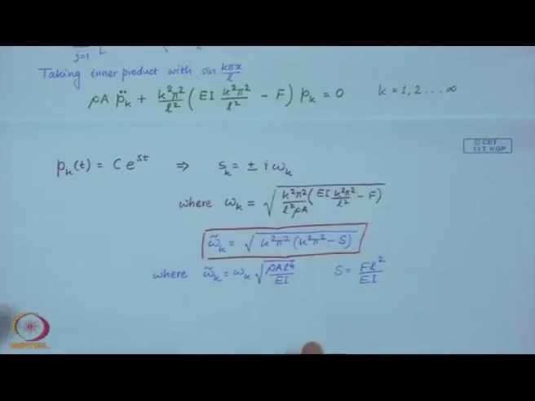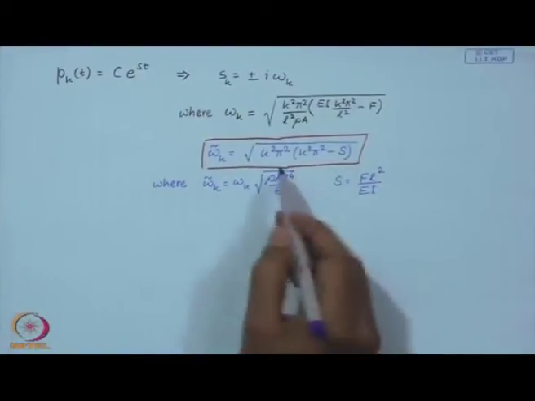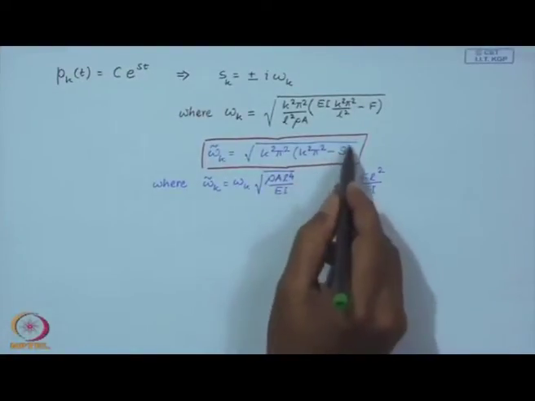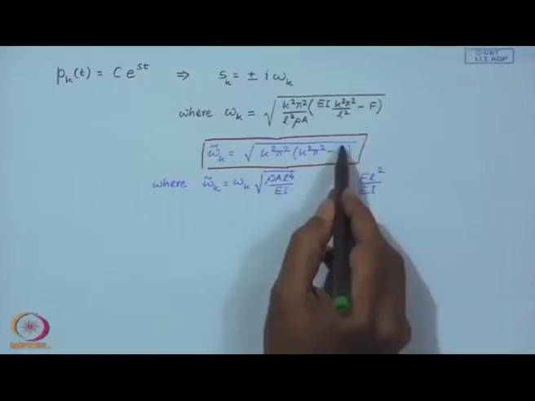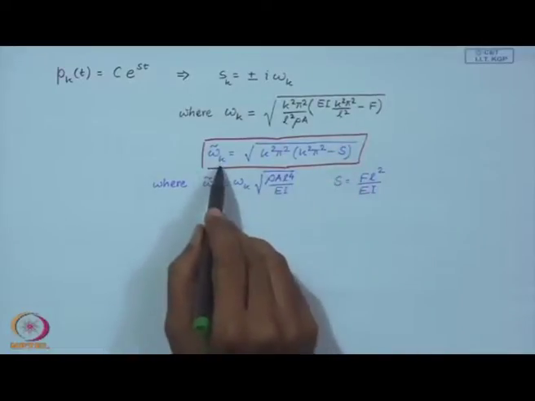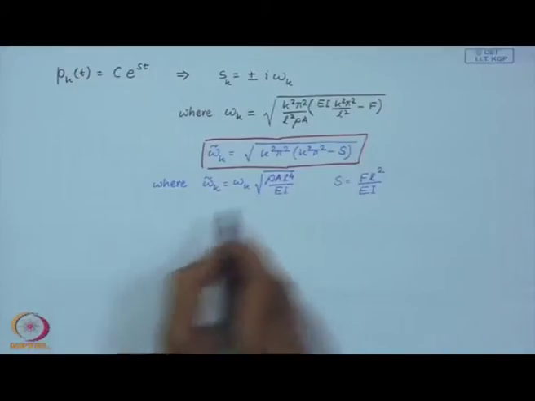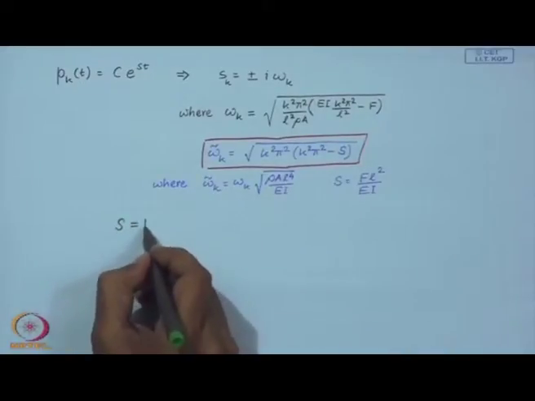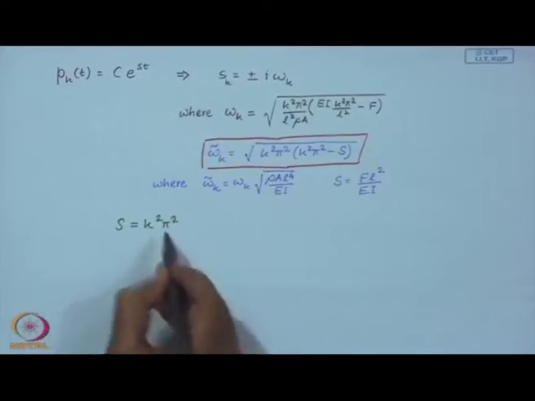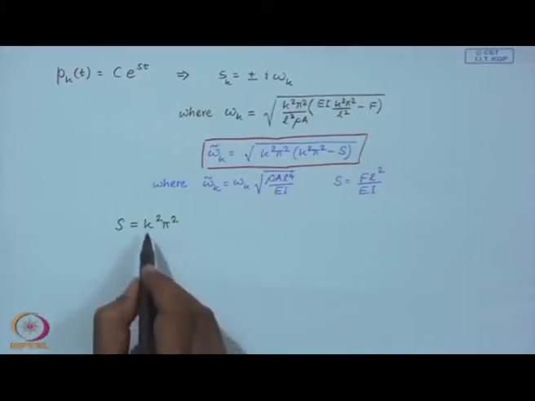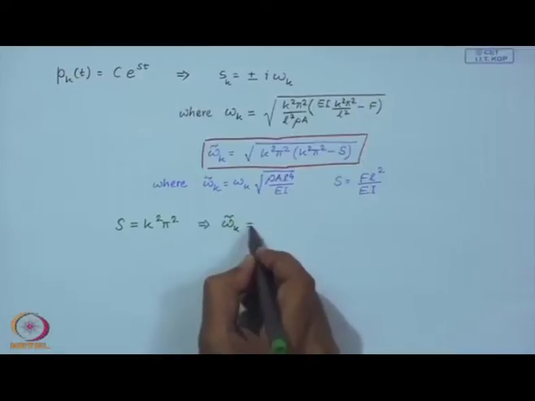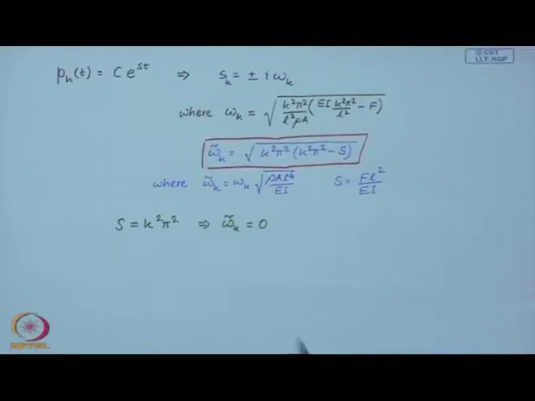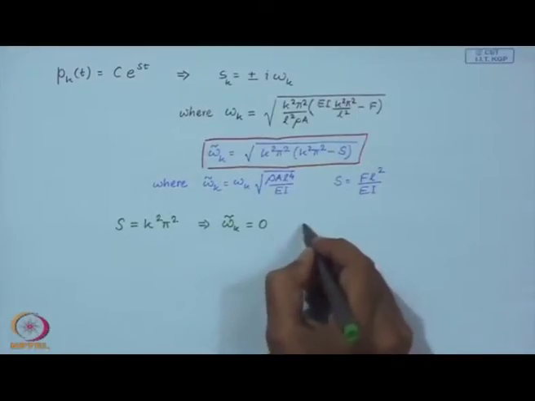Now, here this S represents the load, the axial force. So, there is a value of this axial force when omega k goes to 0. If S is k squared pi squared, then omega k tilde goes to 0, which means that the system loses stiffness.